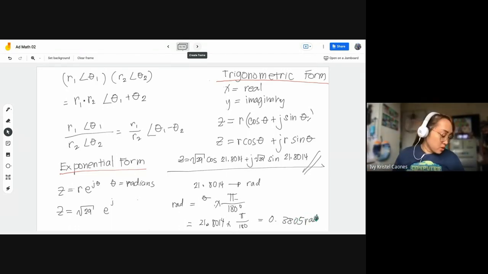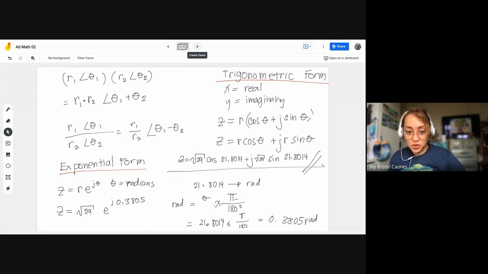So if we are going to use the exponential form, that angle should be in radian, so that is j 0.3805. That's the only form where you have the angle in radian. Okay?